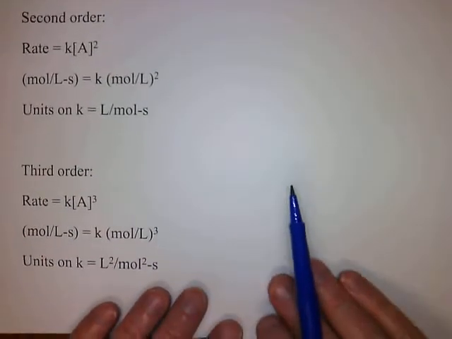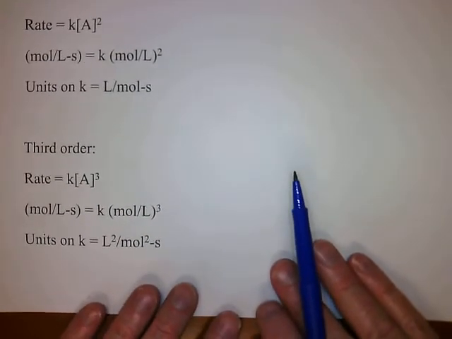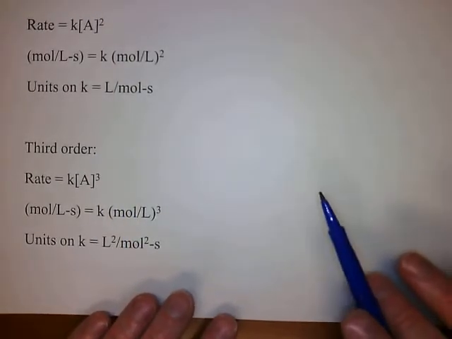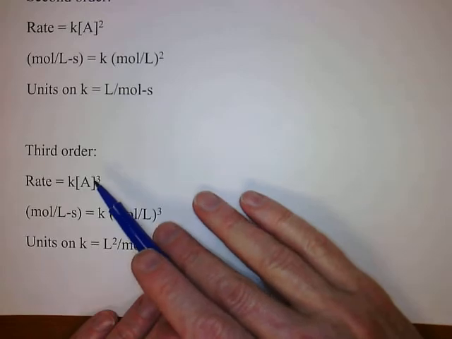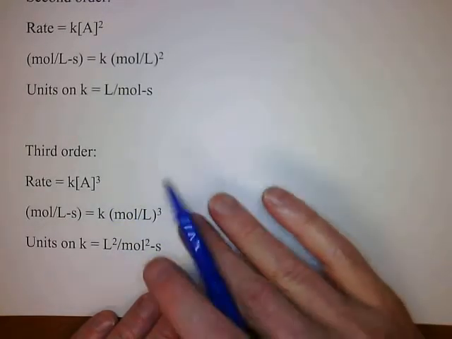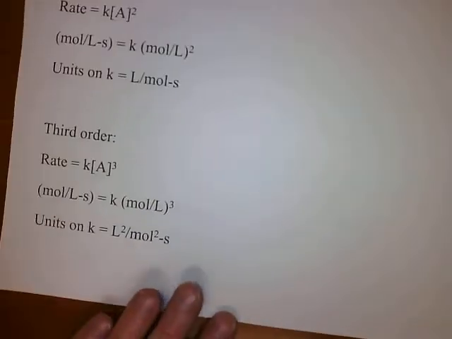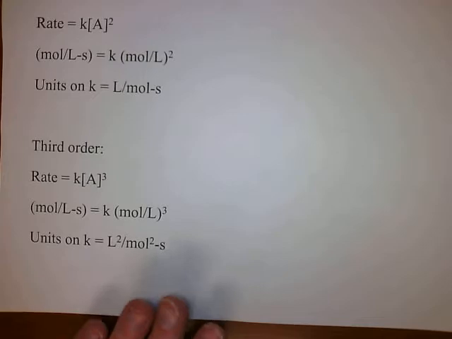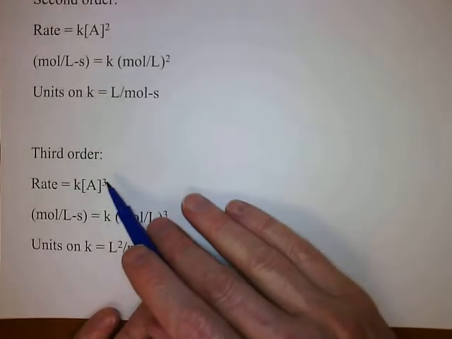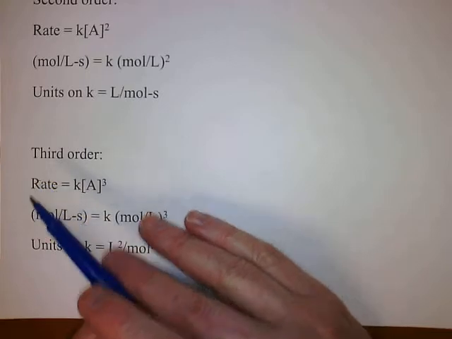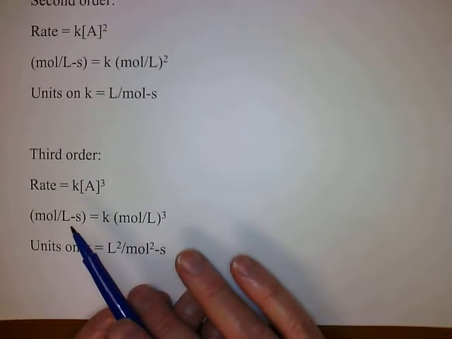Okay. And then, if you have a third order reaction, where it could be something to the third power, or it could be where the sum, like we had in that previous example, where the sum of the reaction orders adds to 3. As long as the overall order is 3, the rate is still going to be moles per liter per second.